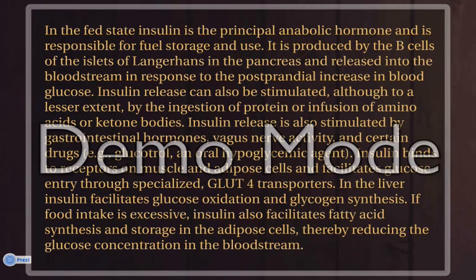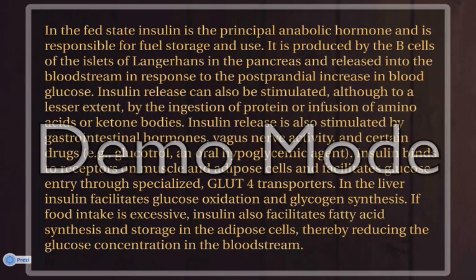Insulin release can also be stimulated, although to a lesser extent, by the ingestion of protein or infusion of amino acids or ketone bodies. Insulin release is also stimulated by gastrointestinal hormones, vagus nerve activity, and certain drugs, e.g., glucotrol, an oral hypoglycemic agent.